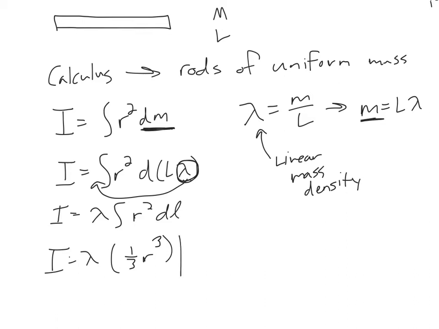Now, the thing that's really important is at this point, I need to worry about the bounds. So what is up here and what is up here? I'll explain that in a second. What you put in your bounds depends on the scenario that's going on.